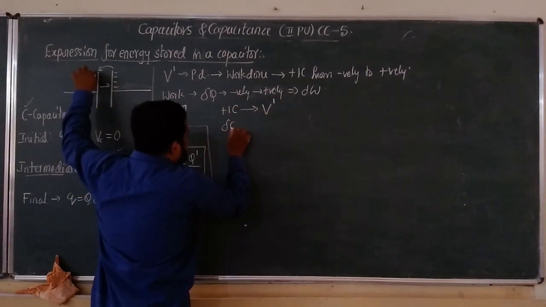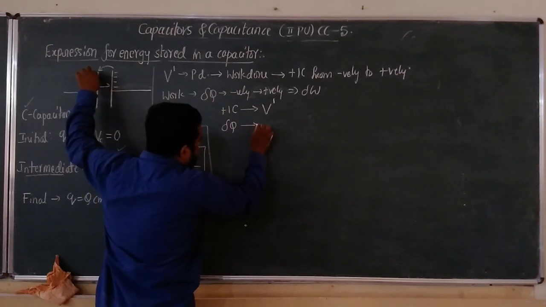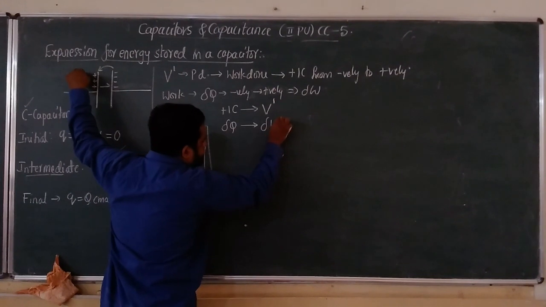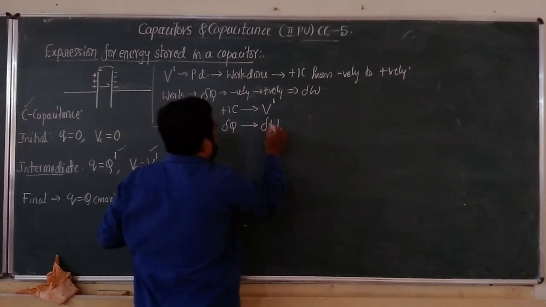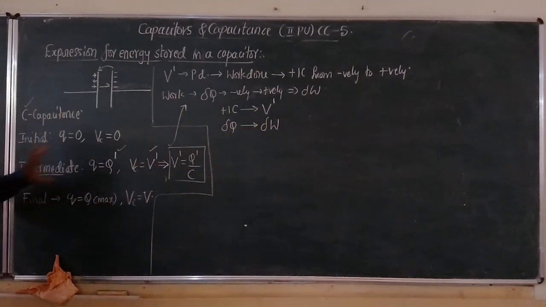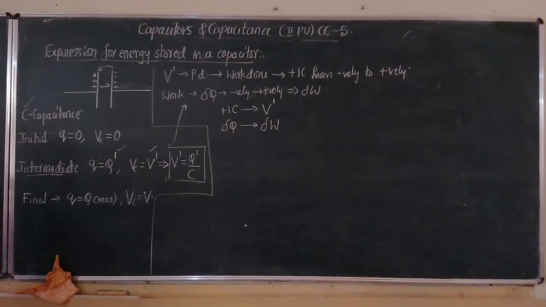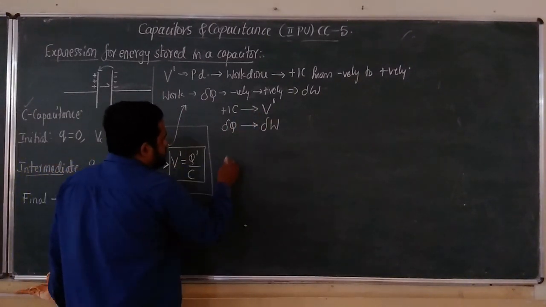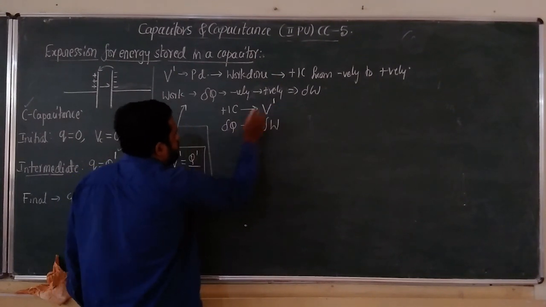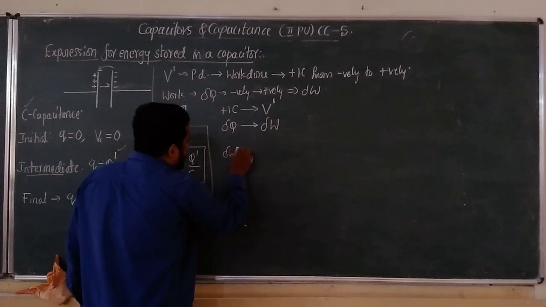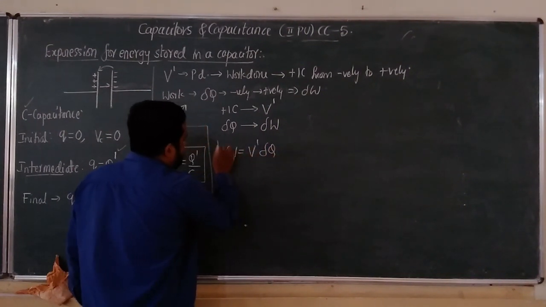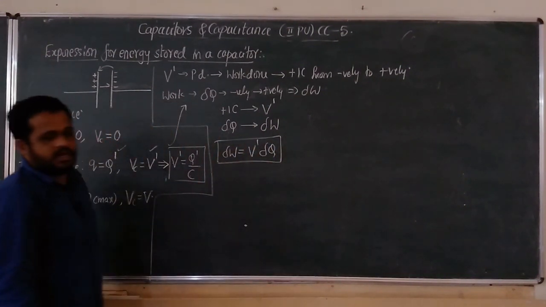If you shift a charge of magnitude delta Q from the negatively charged plate to the positively charged plate, then the amount of work done is delta W. Now just cross multiply, you will get the relation between delta W and V dash. Delta W is equal to V dash into delta Q.